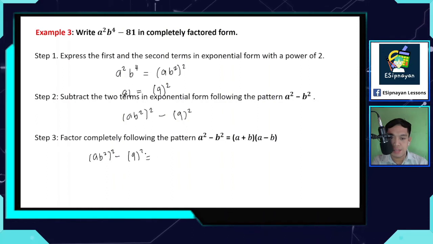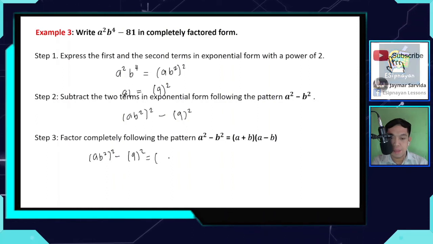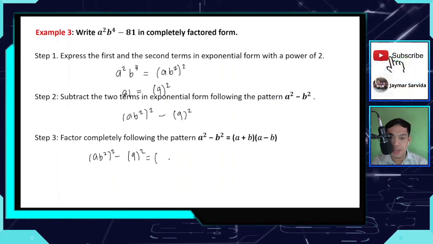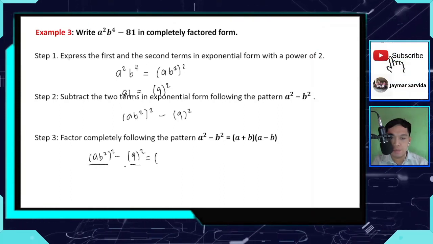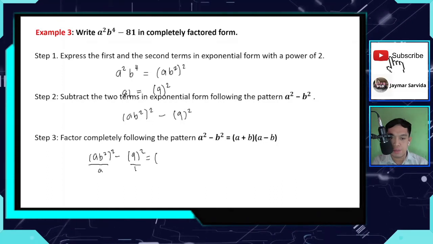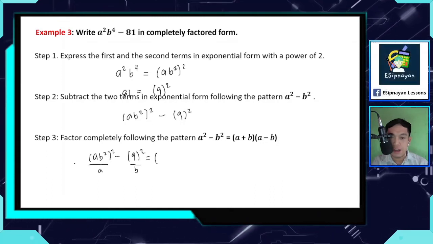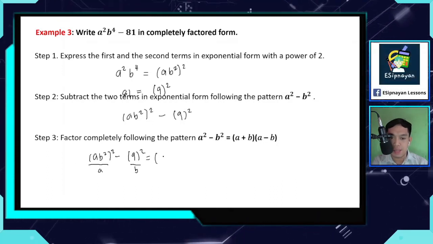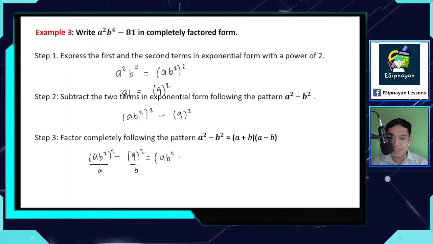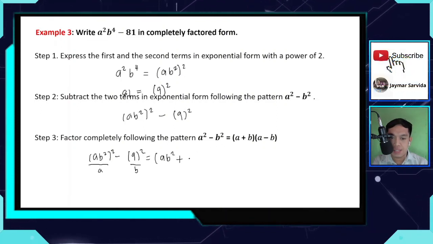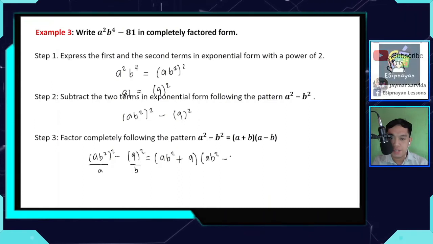So, that is, kopyahin lang natin yung ating A. Ito yung ating A ha. Ito yung ating A. Ito yung ating B. Huwag kayong maguluhan. Okay, so kopyahin natin yung A natin. AB squared plus 9 times yung ating A ulit, AB squared minus 9.